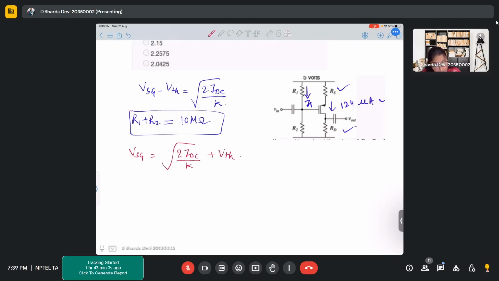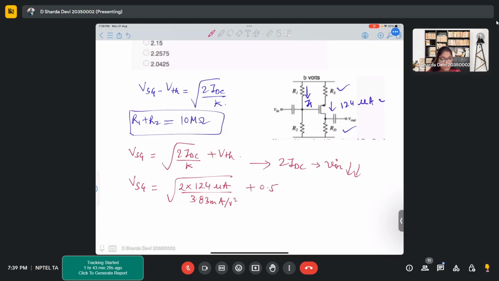This is the condition for 2 IDC when Vn is low. Now if we consider the same formula, the value of VSG that we will get is 2 into 124 microamps by 3.83 milliamps per volt square plus 0.5.